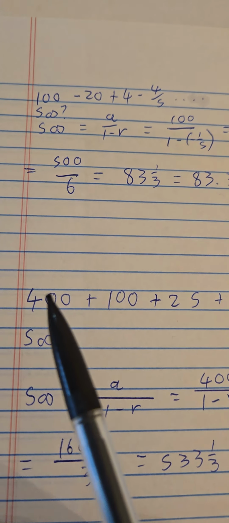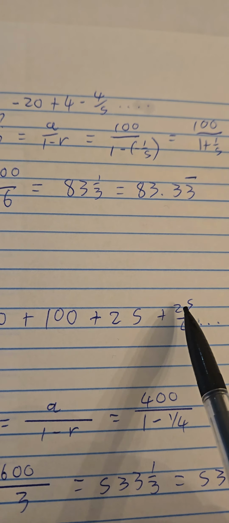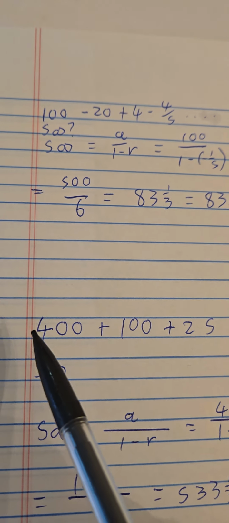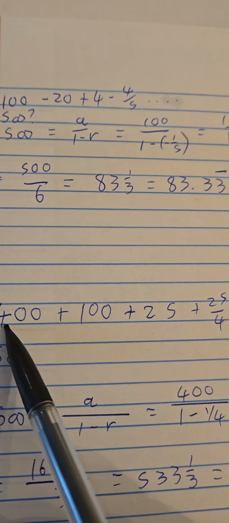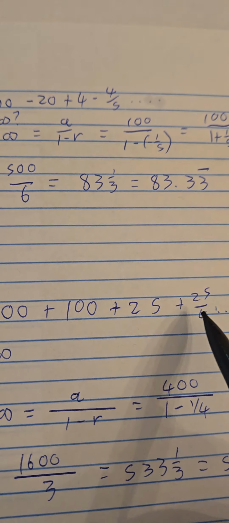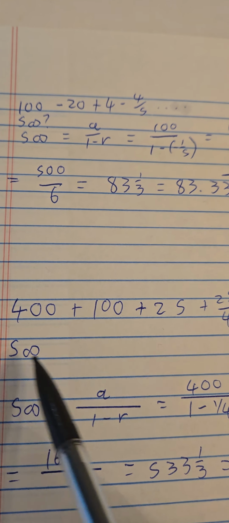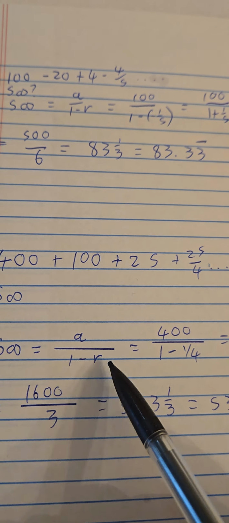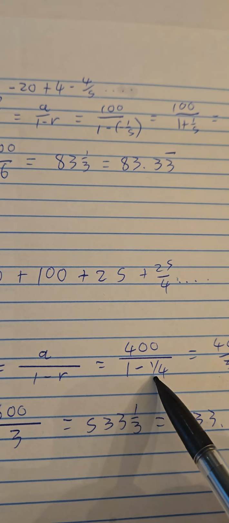And here's another question I made up. 400 plus 100 plus 25 plus 25 over 4. I'm multiplying by 1 over 4 each term. It's clearly a geometric series. It's timesing by the same amount, and 1 over 4 is less than 1. Sum to infinity, a over 1 minus r, which is 400 over 1 minus a quarter.